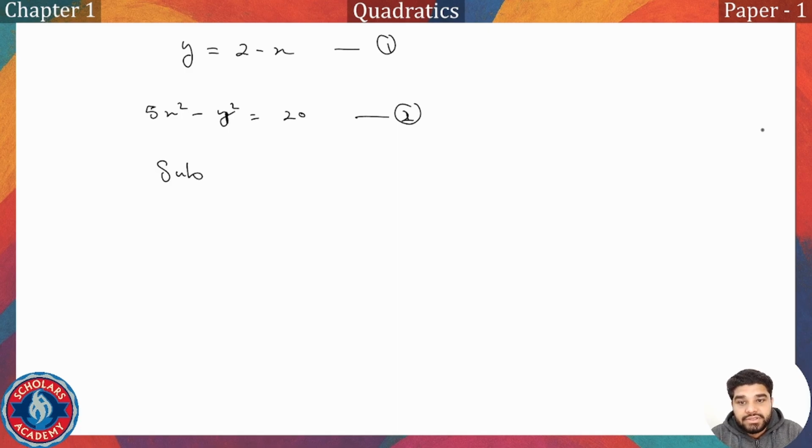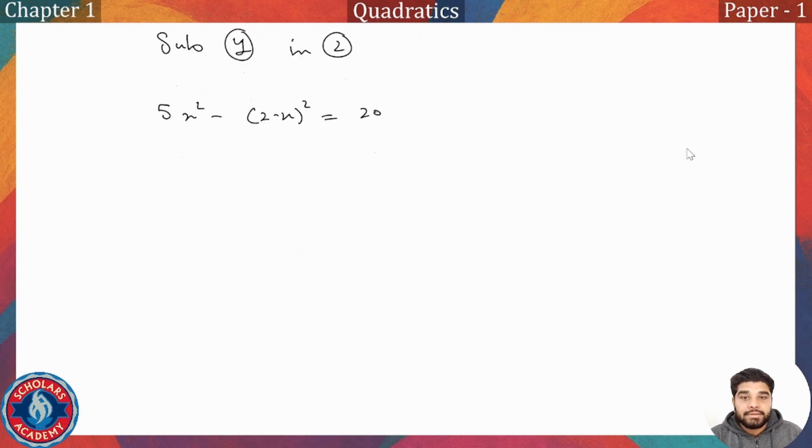So substituting 1 in 2, we get 5x square minus (2 minus x) whole square is equal to 20, right? 5x square minus, we open this whole square, we get 4 plus x square minus 4x, is equal to 20.